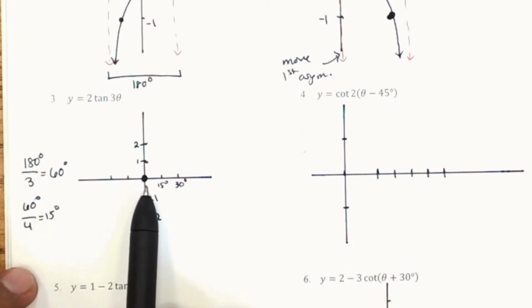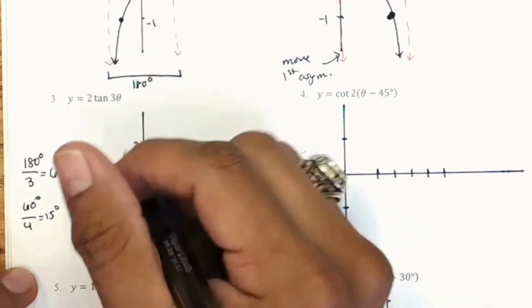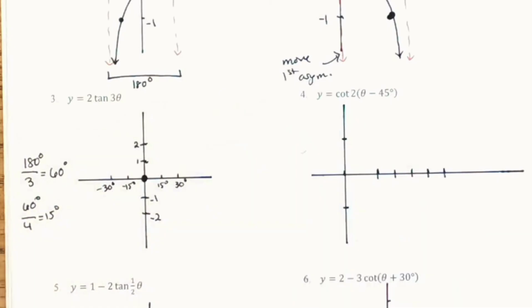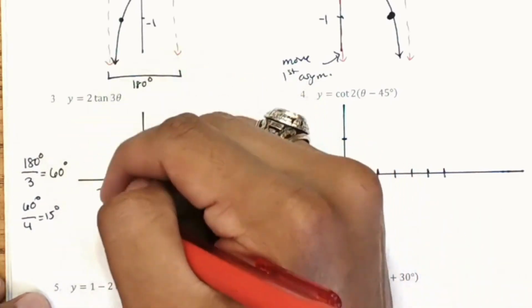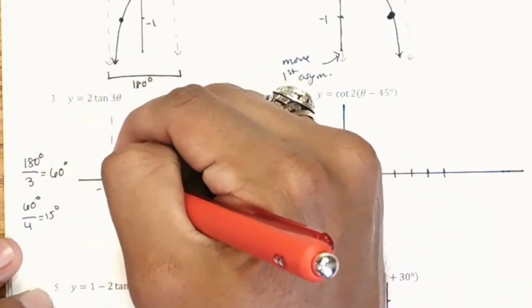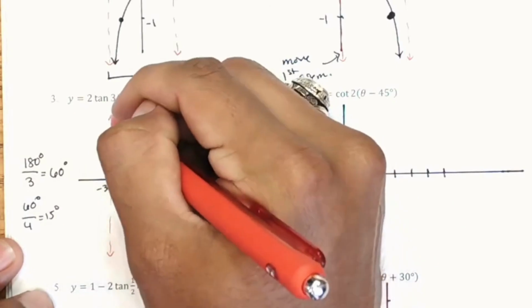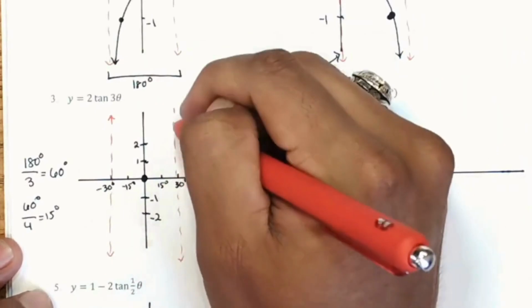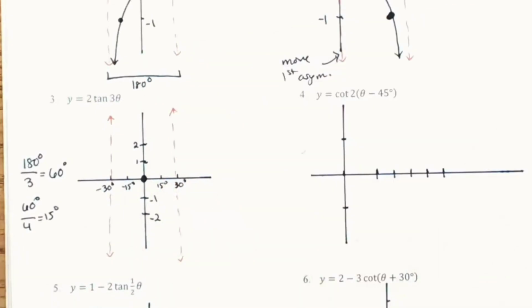Since the middle is here, I go 2 to the right and 2 to the left. So wherever you move it, up, down, left, and right, your tick marks are always going to go 2 left and 2 right. So the farthest left one will always be an asymptote for tangent. The farthest right one will also be an asymptote for tangent.